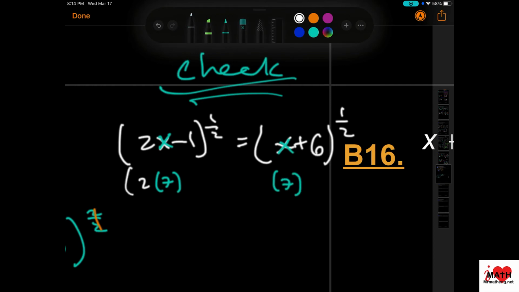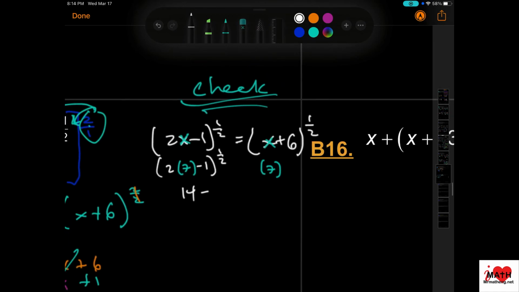So I have 2 times 7, which is 14. And 14 minus 1 is 13. 13 to the 1/2 power, which is basically square root of 13, right?